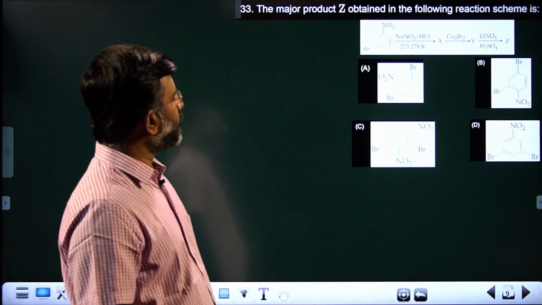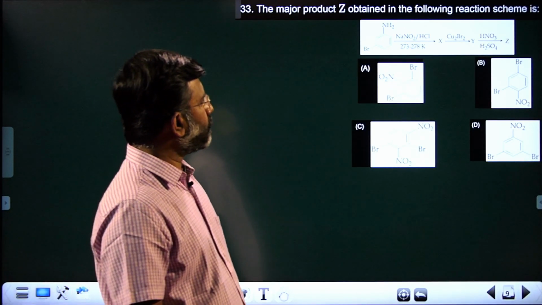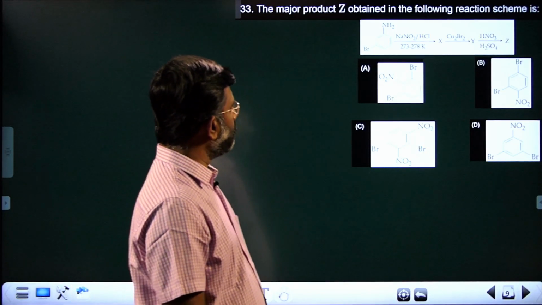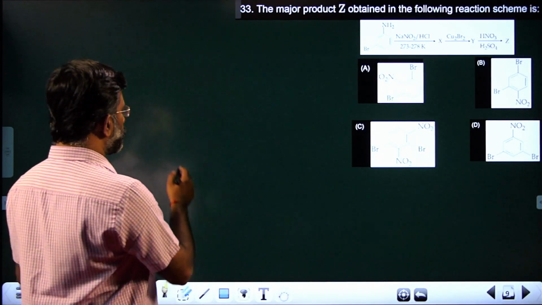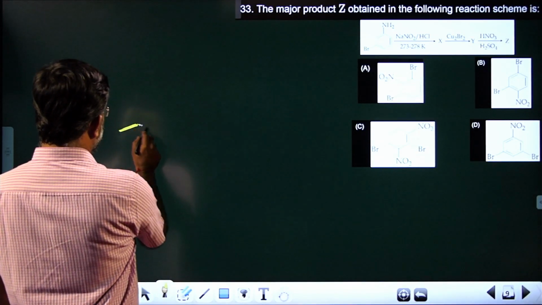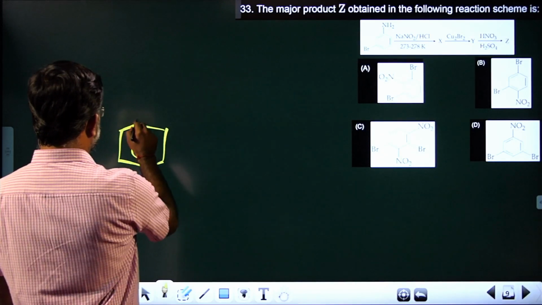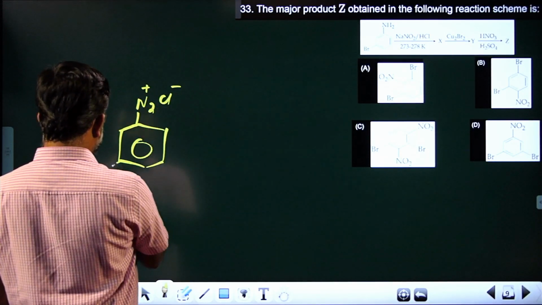The major product Z obtained in the following reaction scheme. You are given metabromoaniline. Metabromoaniline is diazotized, so the result will be N2 plus Cl minus.